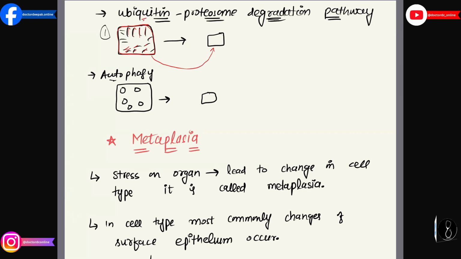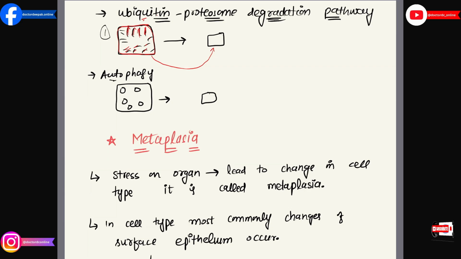That protein will come and bind with these cytoskeleton proteins. When the ubiquitin is bound with the cytoskeleton protein, that cytoskeleton protein will go to the proteasome. The cytoskeleton can only go to the proteasome when it is bound with ubiquitin. So it means ubiquitin is a kind of factor which helps to move the cytoskeleton proteins into the proteasome.